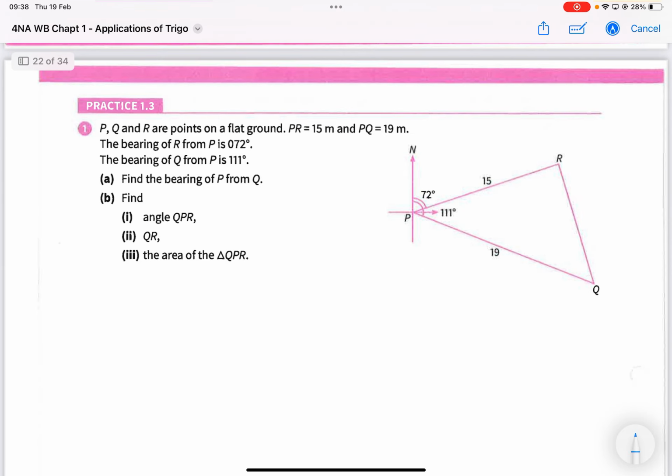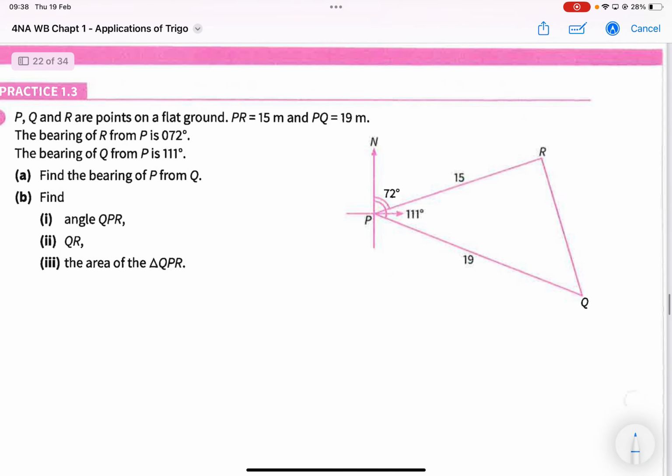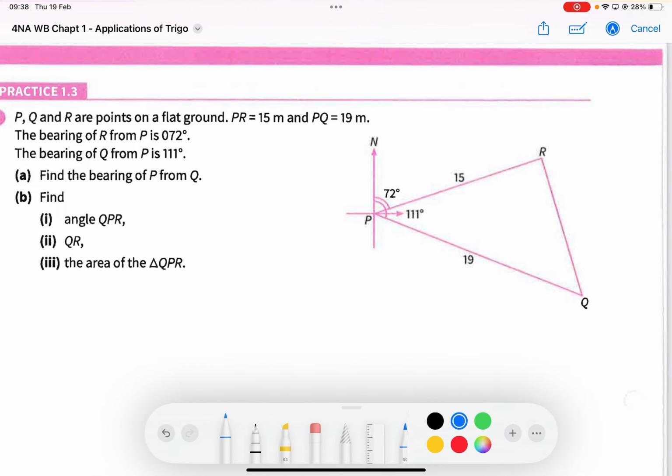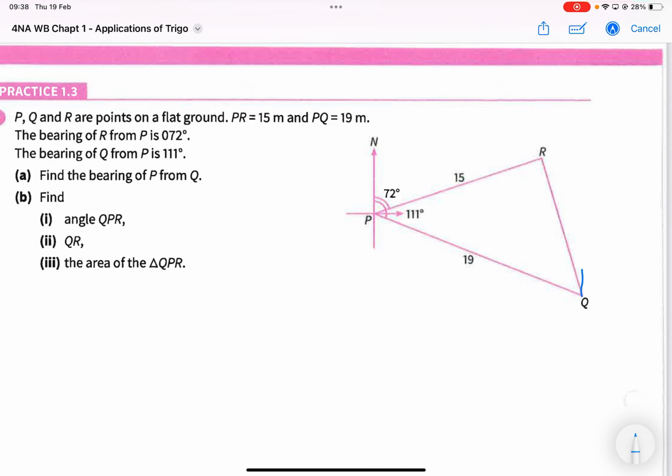Question 1. P, Q, and R are points on a flat ground. So the first part is like a bearing problem. The bearing of R from P is 72. Bearing of Q from P is 111. Find the bearing of P from Q. So bearing from Q means from the vertical or from the north of Q. So from Q I must draw this north.